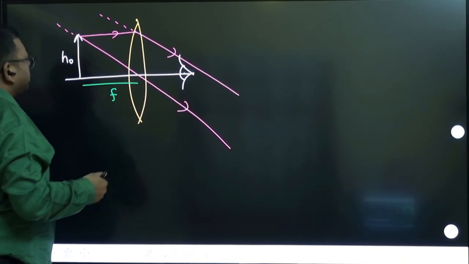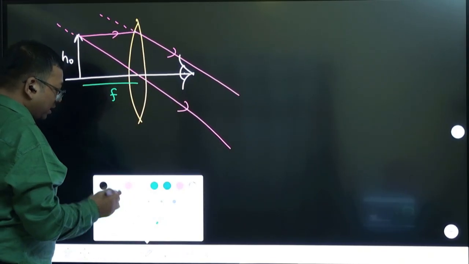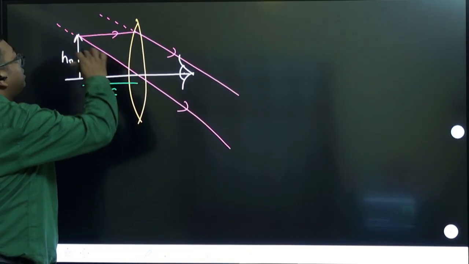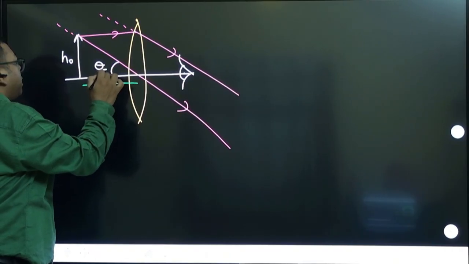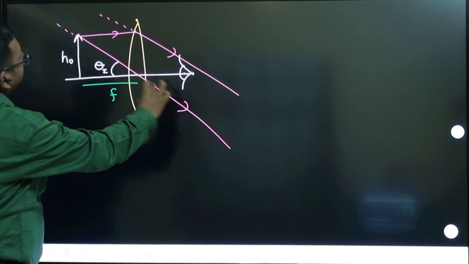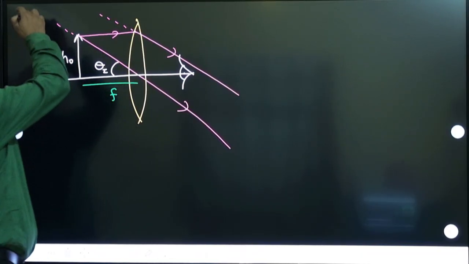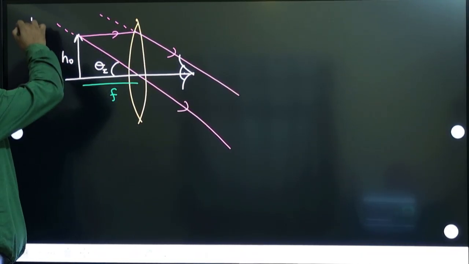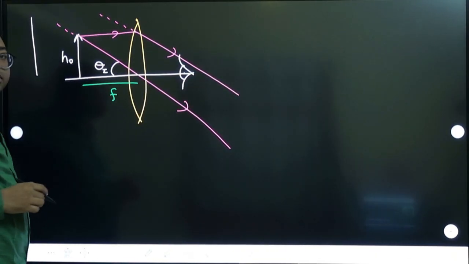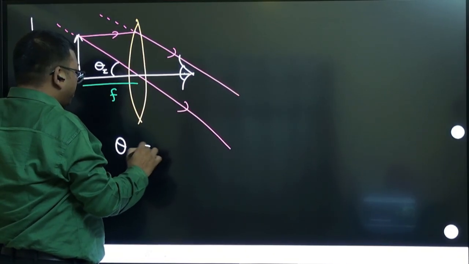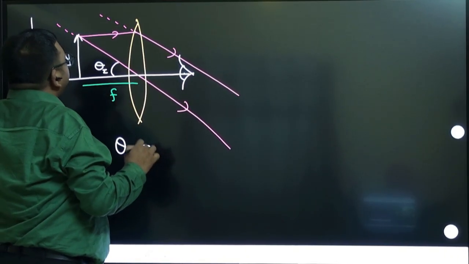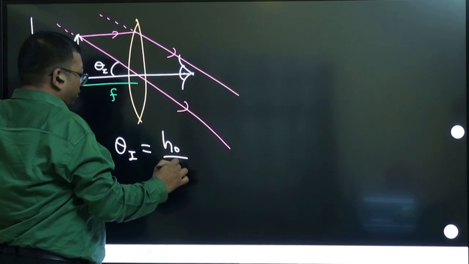Now see here, what is this angle? I am taking this angle as theta I, because it is coming from the image, which is very large, somewhere far away. This theta I I will define as h naught by f.